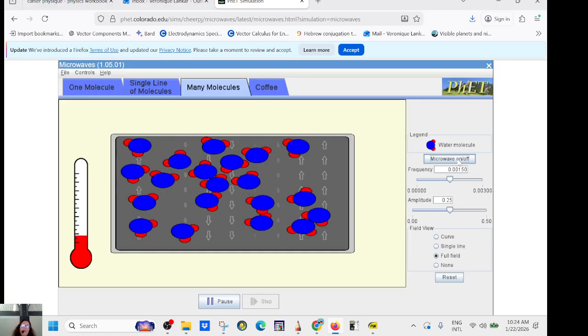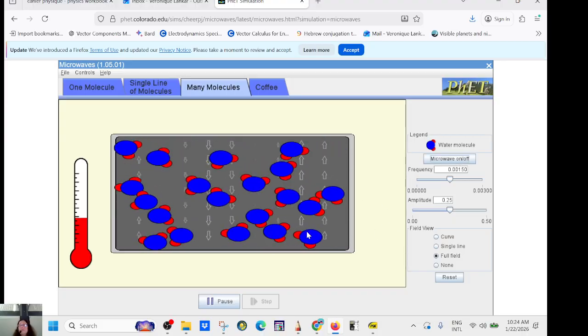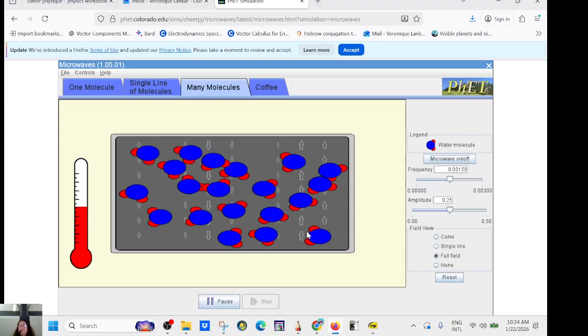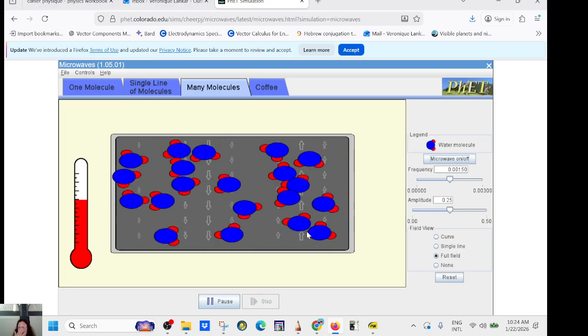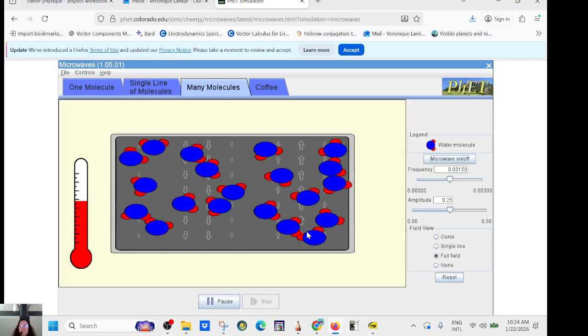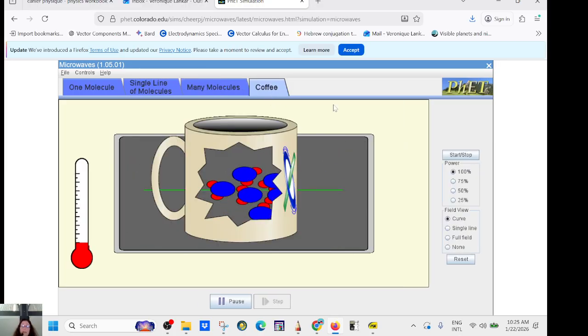That's how you heat up the food. It will not work if the water molecule is not a dipole. Okay, so you get the idea.